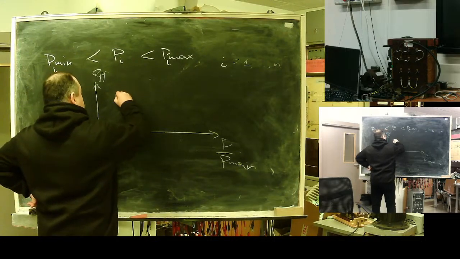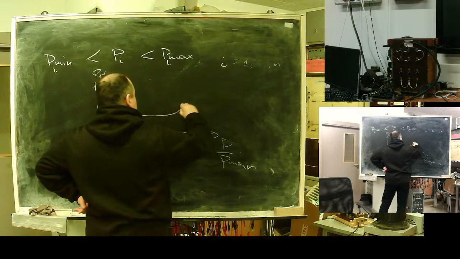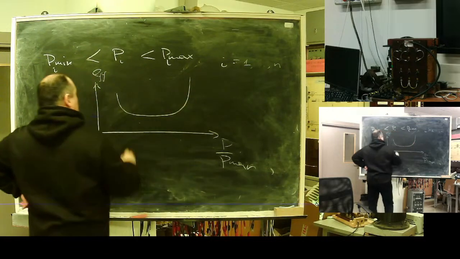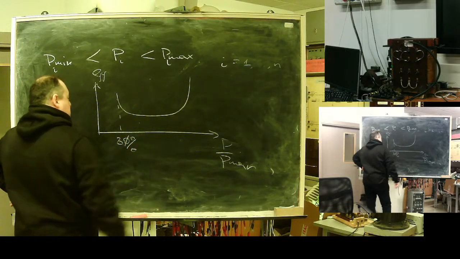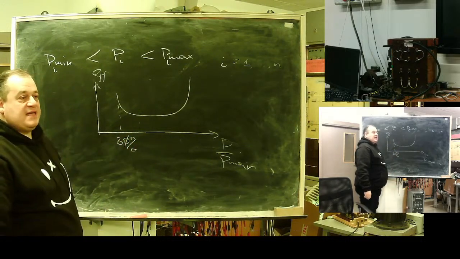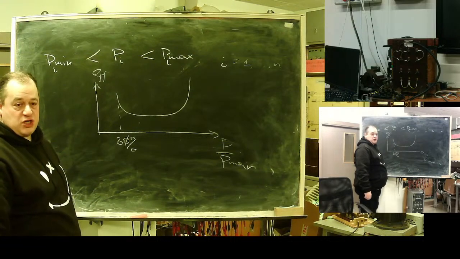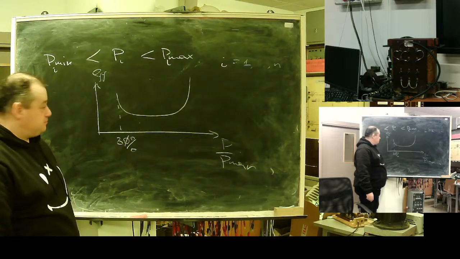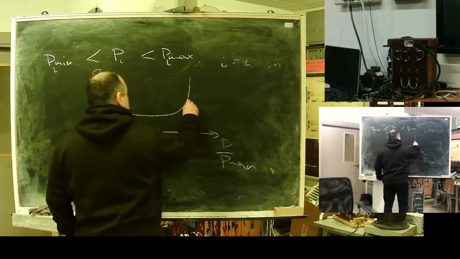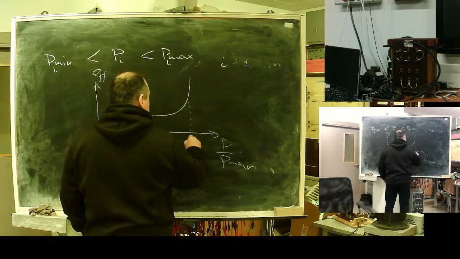It looks like this. Efficient, deeply inefficient. This will be approximately 30%. They are extremely inefficient at low loads. They simply burn fuel and lose efficiency.